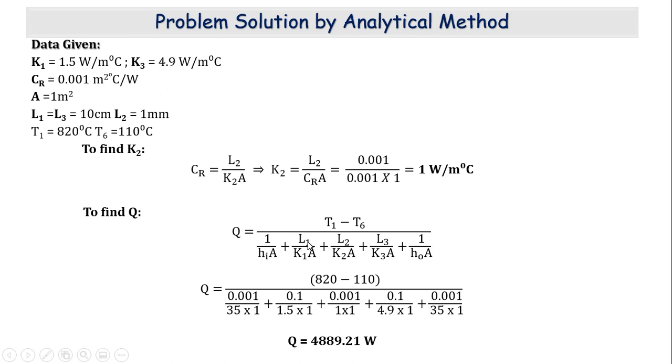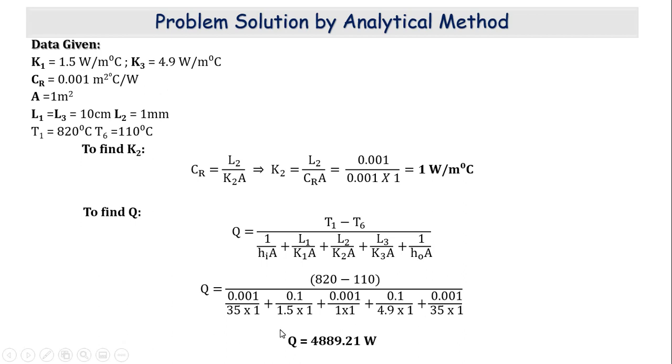The ratio of the length of the element to the thermal conductivity multiplied by the cross-sectional area is used for the materials conducting heat, whereas for the surfaces where heat is transferred through convection, it is calculated by the reciprocal of the heat transfer coefficient multiplied by the cross-sectional area. On substituting these values, we get the rate of heat transfer as 4889.21 watts. So this is the heat that is generated inside the composite wall.